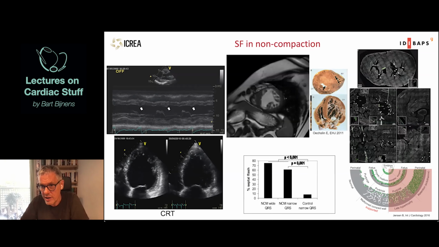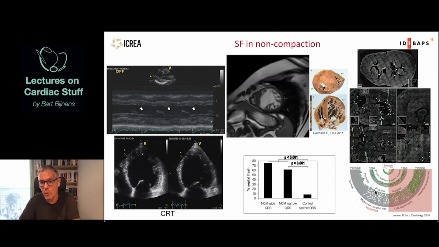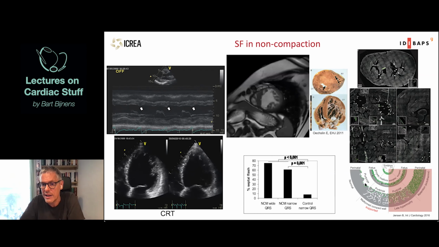Similarly here, and you see that nicely in some very specific colorings done in a mouse model, in non-compaction the Purkinje cells are totally on top of the trabeculations. Compared to normal, where you have Purkinje cells that are activated and then conduction immediately through tissue, in non-compaction you have Purkinje activation which might be fast, so there is no left bundle branch block.